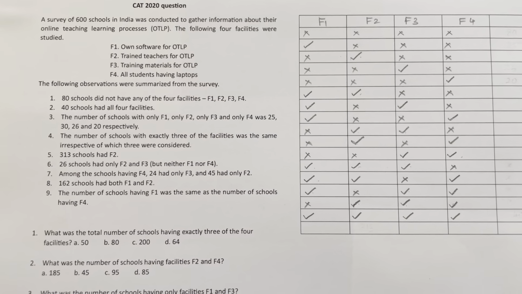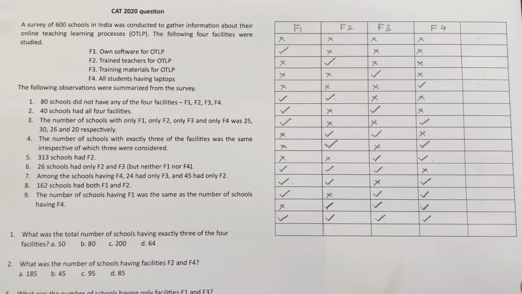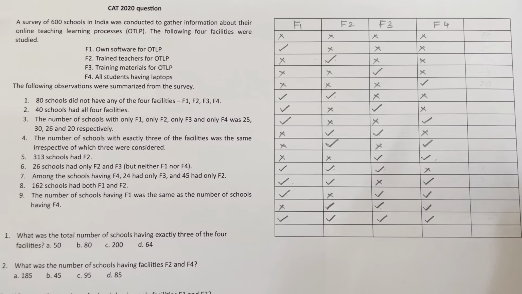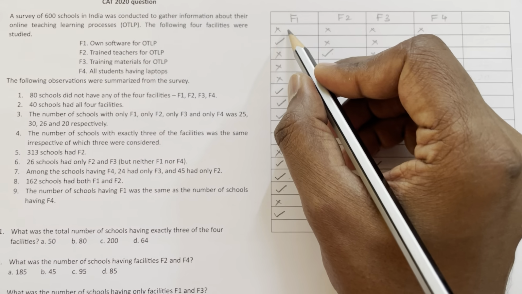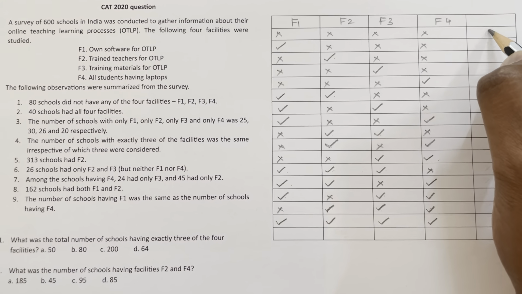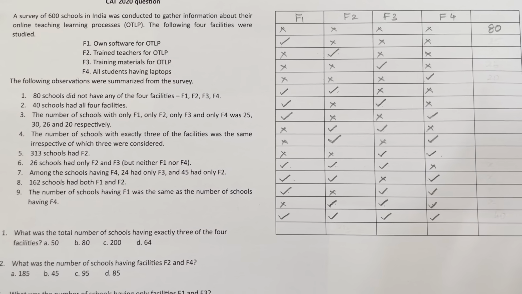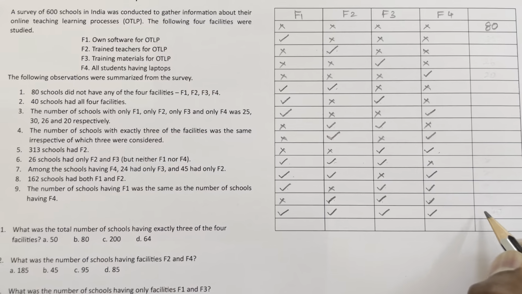So let us now fill in the information provided in this table. The first information is 80 schools did not have any of the 4 facilities, which is this row having schools with none of the 4 facilities. This is 80 schools. The second information is 40 schools had all 4 facilities. I think this is the last combination.